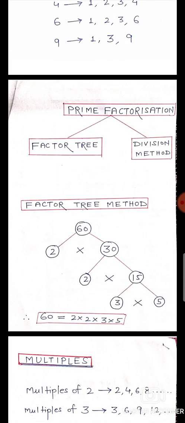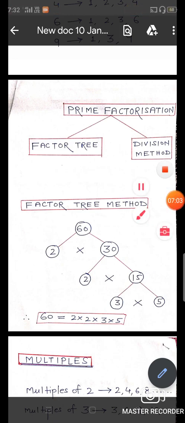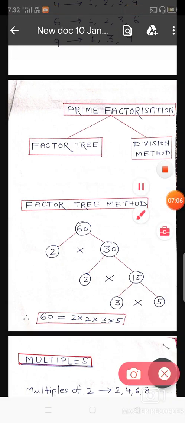In this topic, my dear students, we have to study prime factorization. Prime factorization means we have to find out factors, but in prime numbers. There are two methods which you have to use, factor tree method and division method.